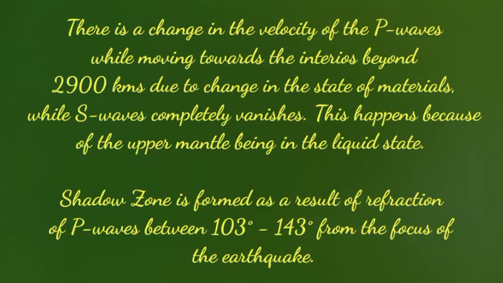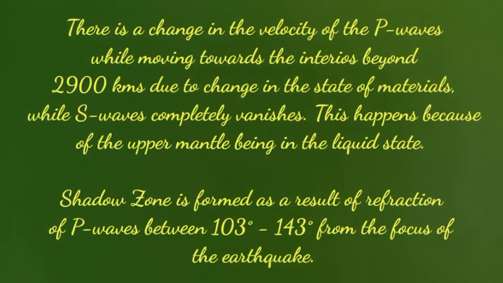It's a liquid area. So here S waves cannot travel, so they disappear, while the velocity of P waves decreases and they get refracted away from the normal position. As this refraction takes place, the wave starts traveling in a diverse, refracted way.